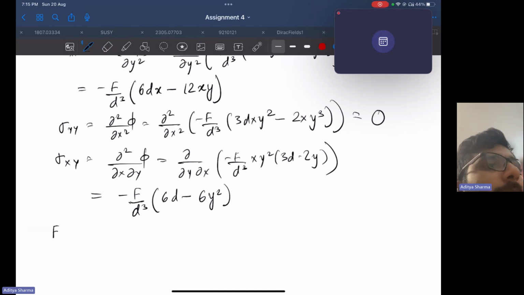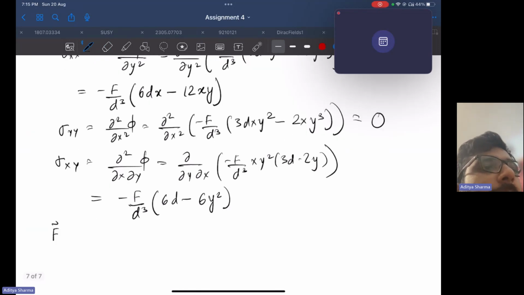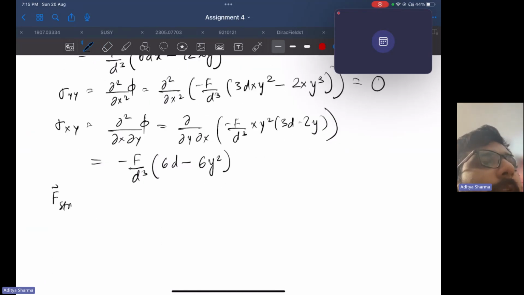Therefore, the force at the surface is expressed as the surface normal dot sigma.